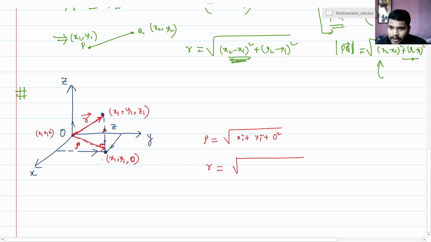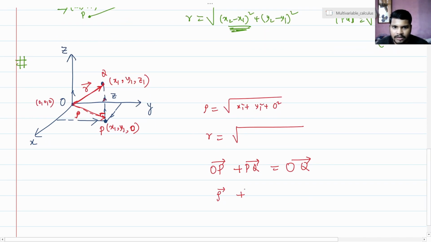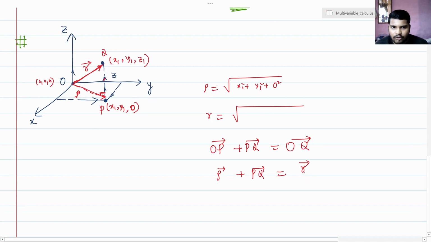Let us say I'm naming the points O, P and Q. In order to measure OQ, I first go to the OP vector and then the PQ vector, and then I arrive at the OQ vector, all right. Now the OP vector is basically your rho vector, and the PQ vector is what I don't know yet, and therefore we have the OQ vector. This OQ vector is given as the R vector, all right. So in order to find the magnitude of this R vector, I can simply write here the magnitude of the rho vector and the magnitude of the PQ vector.